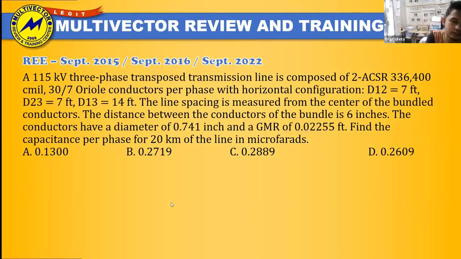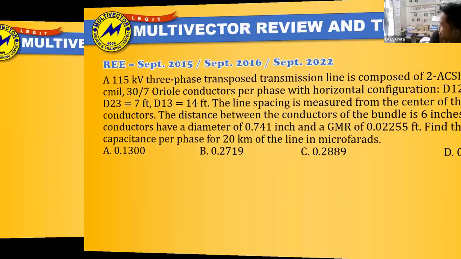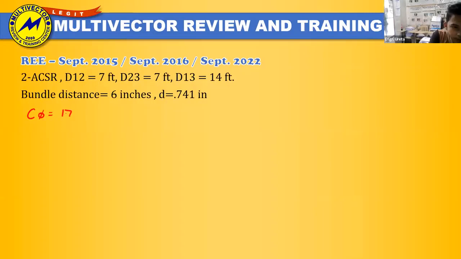Okay, tuloy lang natin. Sulat ko lang yung direct formula dito. Nilagay ko na lahat ng mga given. The direct formula, capacitance per phase, is 17.7 pi times 10 raised to negative 12 over Ln of D equivalent all over the radius ng bundle, in farad per meter.